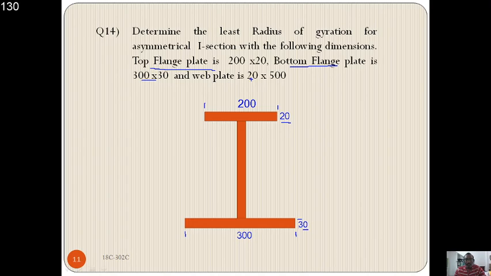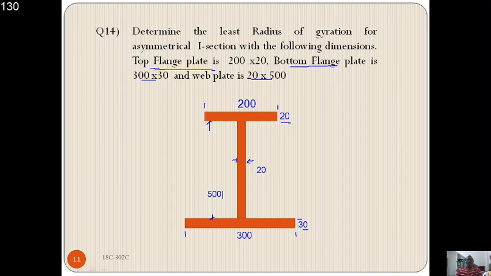And the web plate is 20 by 500. So the thickness here is 20, and this entire height from this point up to this point is 500.